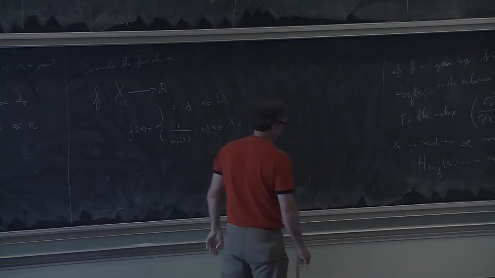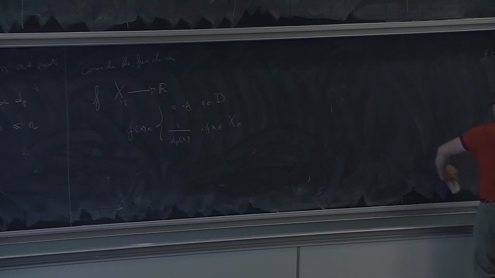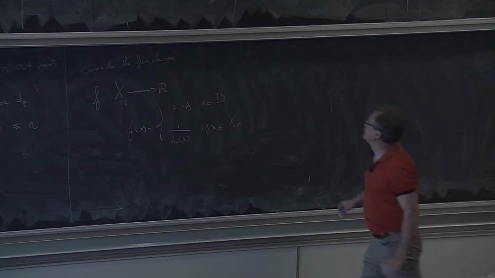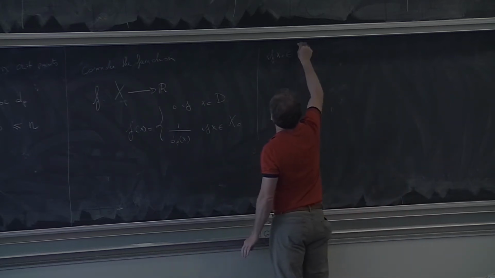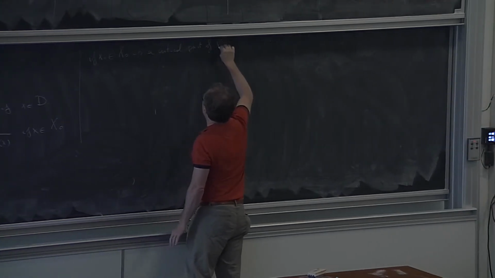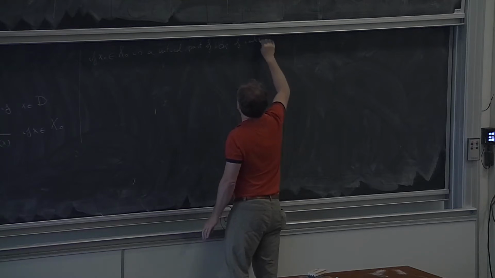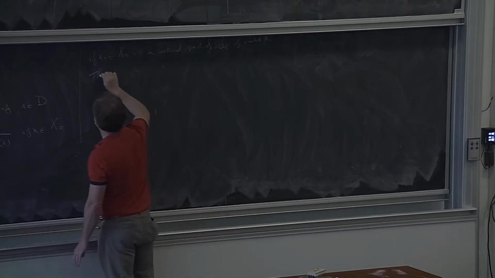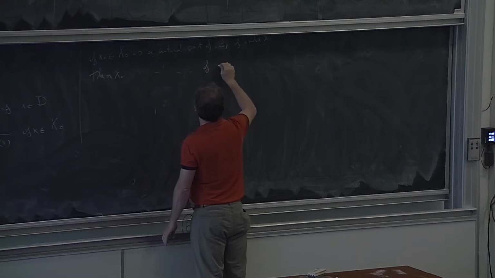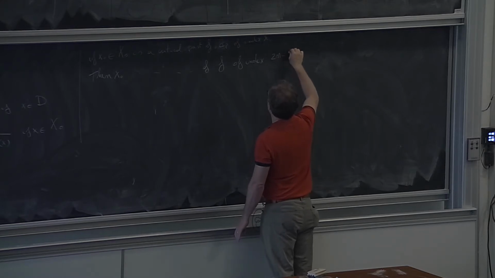So I will not make the computation, but you can check by an explicit computation, which if I do it, I will make a mistake, so I will not do it, that if x0 in X0 is a critical point of dp of index lambda, then x0 is a critical point of f of index 2n minus lambda.